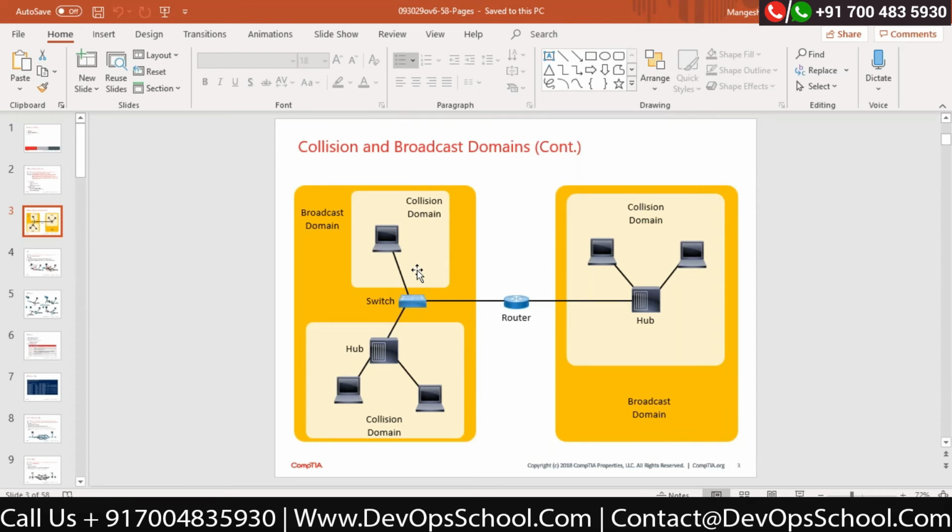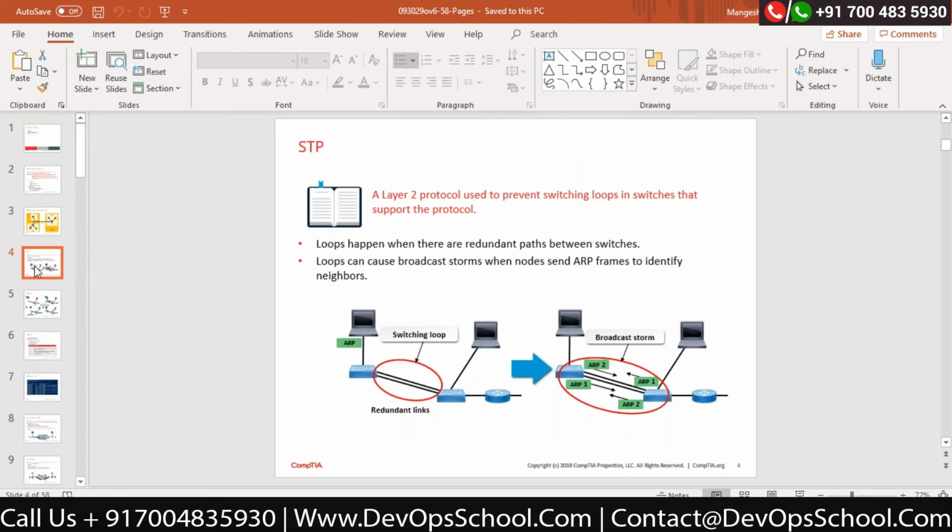So this is something you need to understand when you're going for the exam. But in day-to-day activity, broadcast domain means a group of collision domains controlled by a router. The router is my boundary, and the collision domains are the small L2 networks. I told you small networks would be there. It cannot be a single broadcast domain. So this would be considered a broadcast domain, correct?